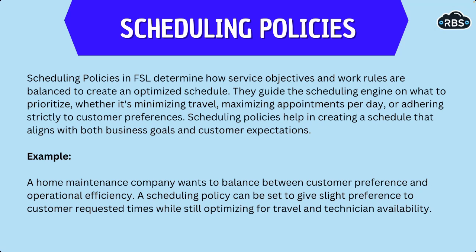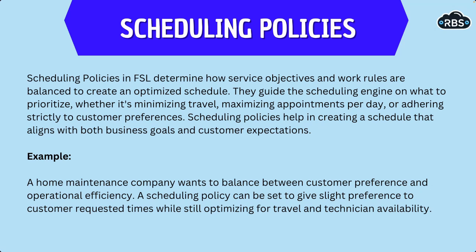Now let's look at one of the examples that I have over here. So let's consider a home maintenance company who wants to balance between the customer preference and operational efficiency. So sometimes, let's say the customer says I want my service to be done today, but all your resources are busy.